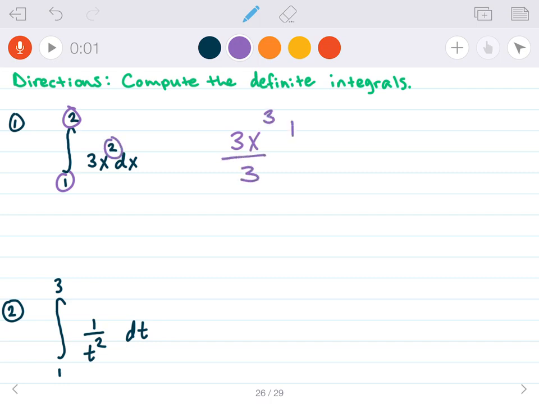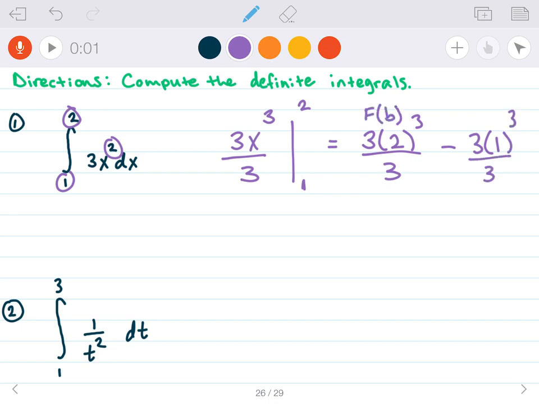Then I'm going to put my bounds here, lower bound to upper bound. The fundamental theorem says that I'm just going to plug in the upper bound first in for x, and then subtract plugging in the lower bound for x. So this is like capital F of b, the antiderivative plugging in b, minus capital F of a.